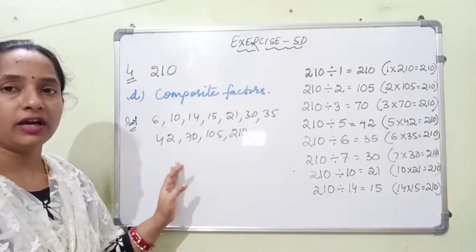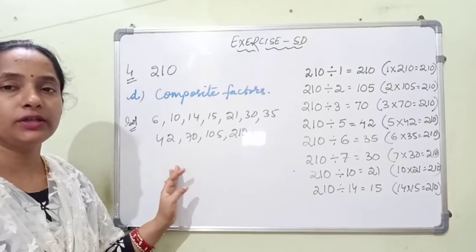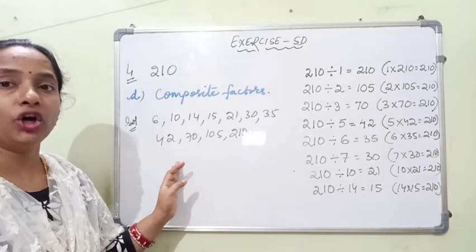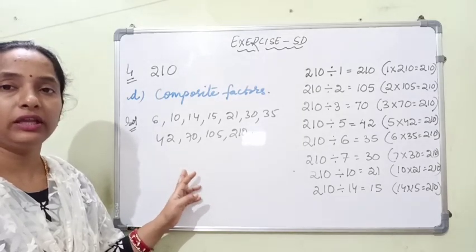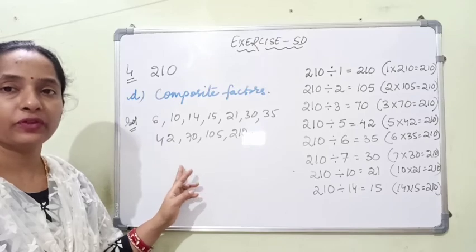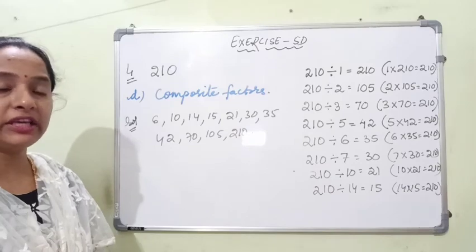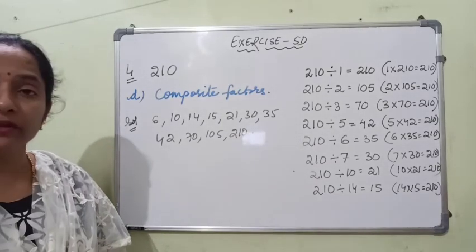So children, I would like to give you one more question, that is find all these for one more number. The number is 128. I will write it in the book and give it to you.